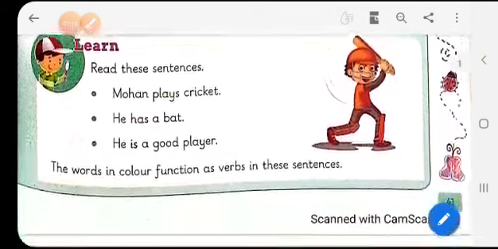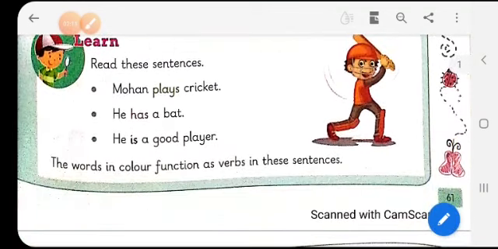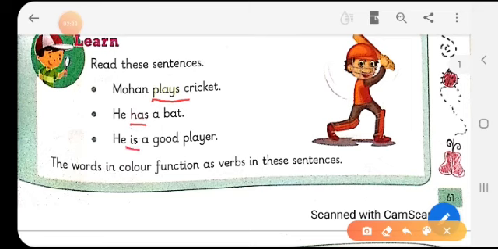Now let's read these sentences. Mohan plays cricket. So, which is the action word over here? It is plays. He has a bat. So here, has is a verb. He is a good player. So, which is the verb here? Is. So, these are the verbs in the sentences.